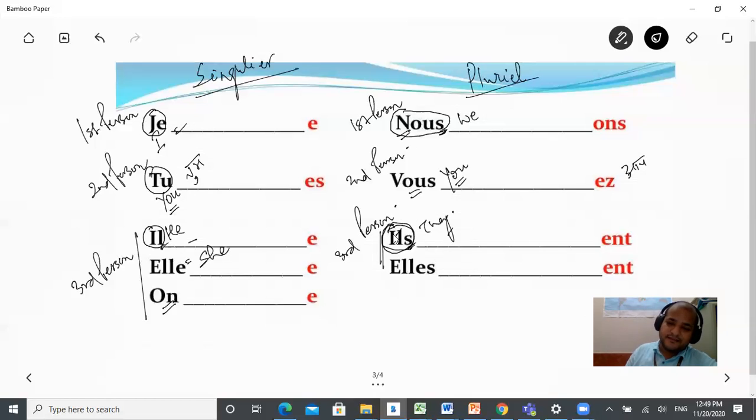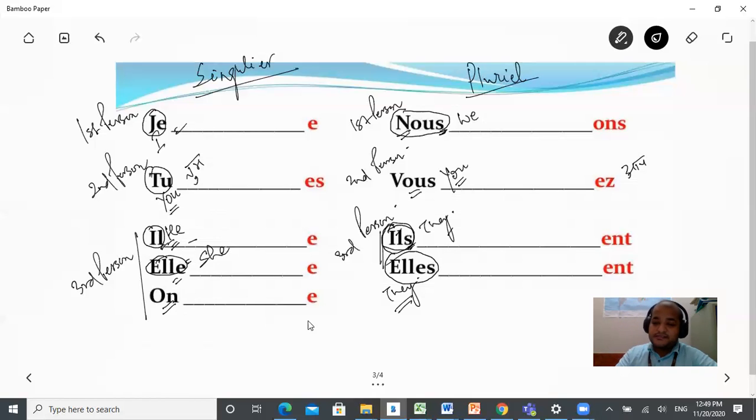And elles is for girls, that is feminine, so this is they, or any feminine noun, when they are in plural form. He, she, it also. Il is used for masculine nouns, and elle will be used for feminine nouns. Okay, so these are the subject pronouns.